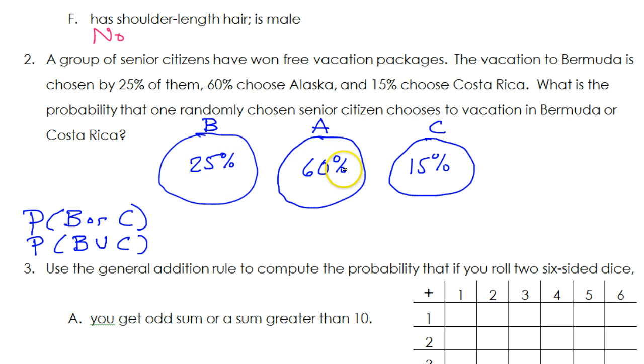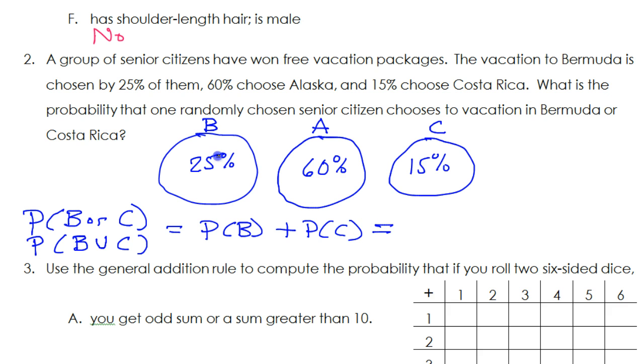When there's no overlap to worry about, all you have to do is add. So both of these are going to equal the probability of event B plus the probability of event C. You just add up the two separate probabilities, and that will be the total probability of being one or the other.